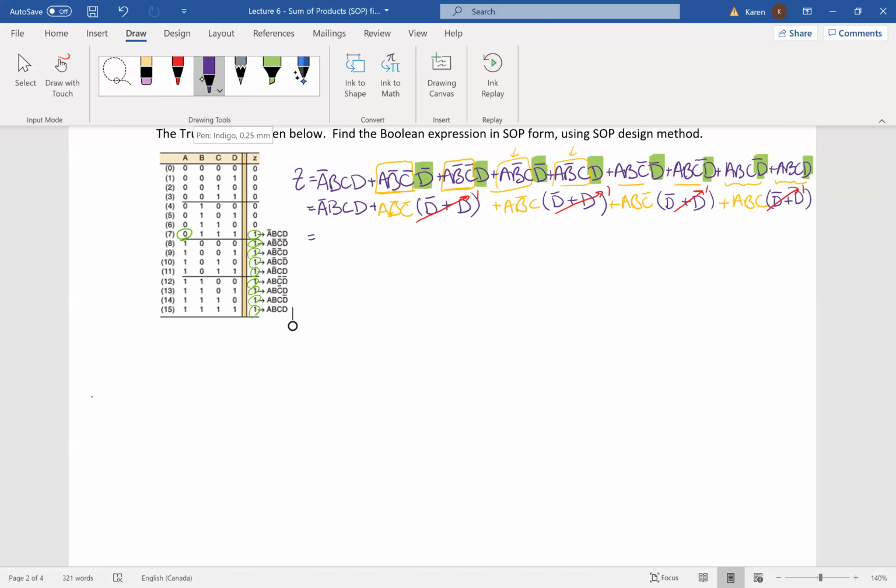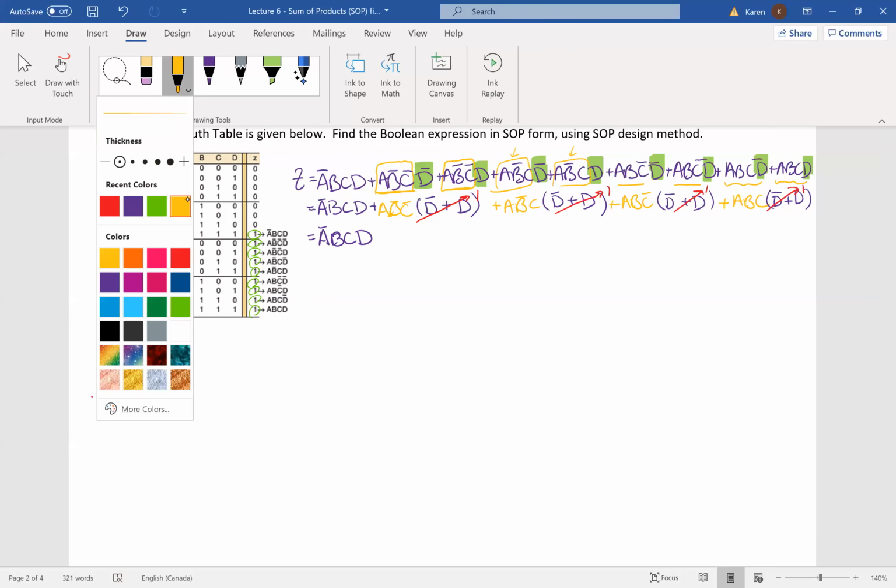So A, B bar, C bar ANDed with a 1 is the same as A, B bar, C bar by itself, because the output is the same as that input. That's another one of our theorems. So we can simply get rid of the 1s.